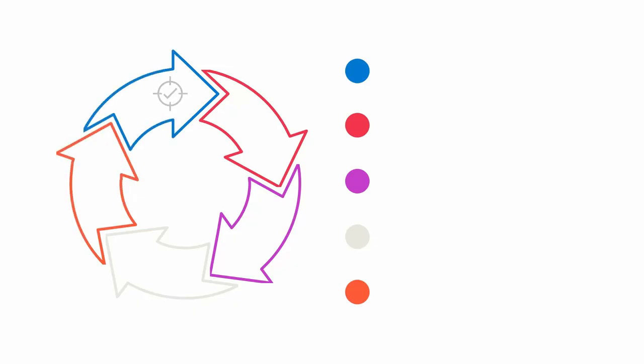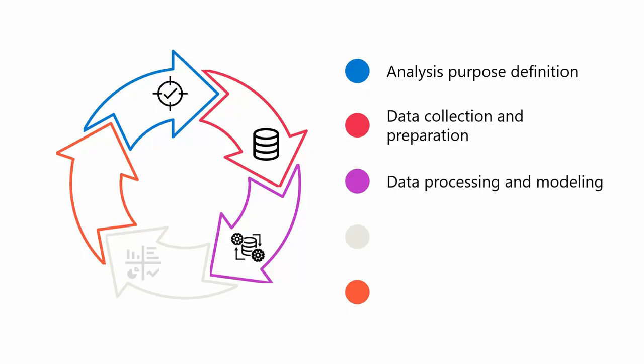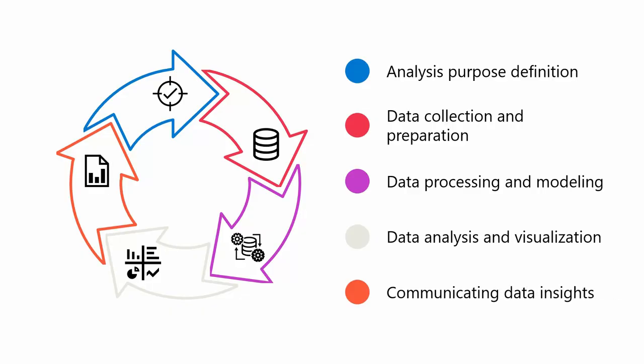Another key learning point was the stages of the data analysis process. You learned that the data analysis process includes identifying the analysis purpose or defining the business problem, data collection and preparation, data processing and modeling, data analysis, visualization and interpretation, and reporting and sharing data insights.